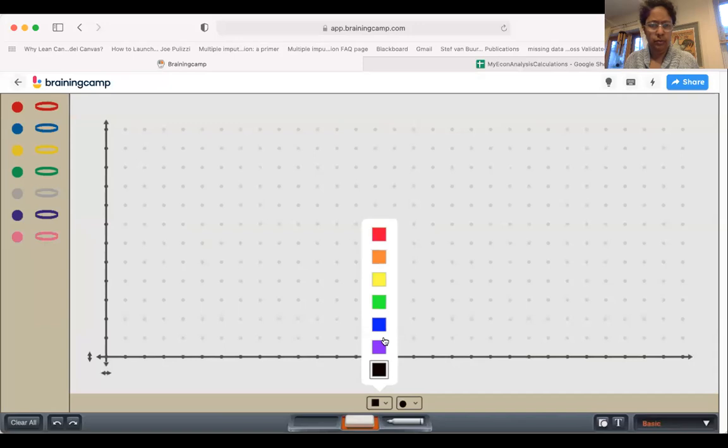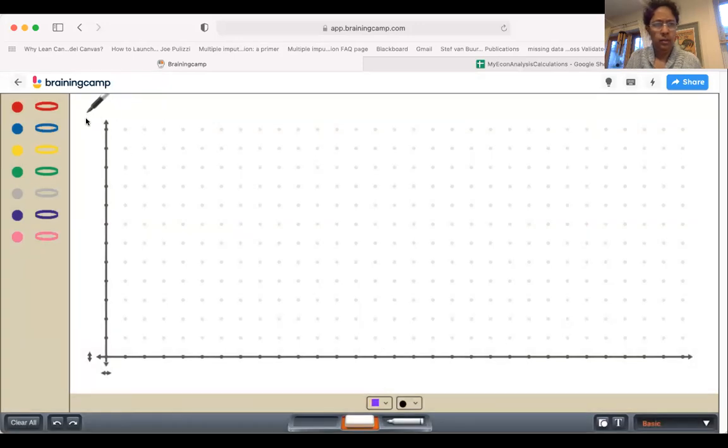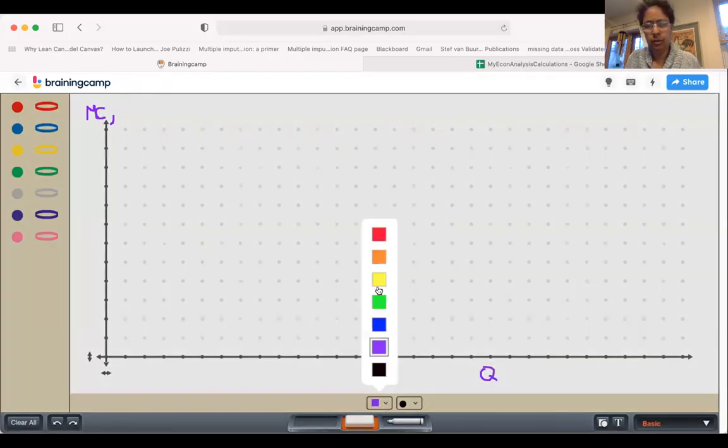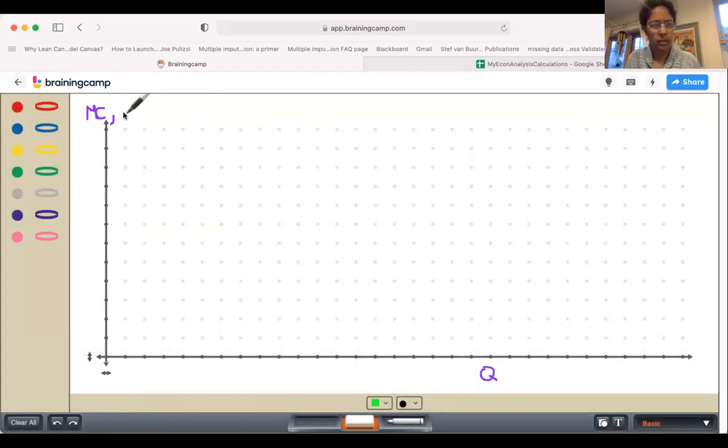To be colorful here: the marginal cost, Q over here, and in a different color to average.